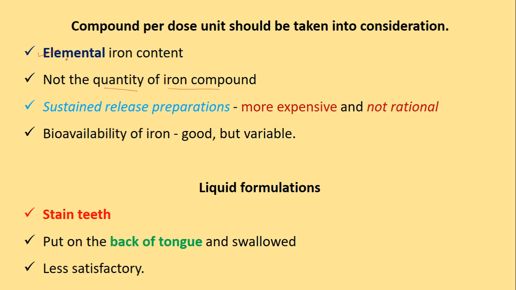So you should look at the content of the elemental iron. Coming to the sustained release preparations, they are more expensive and they are not rational for daily usage, since it is a sustained release, basically the iron absorption takes place, the majority of the iron will be absorbed in the upper part of the intestine, that is in the duodenum.